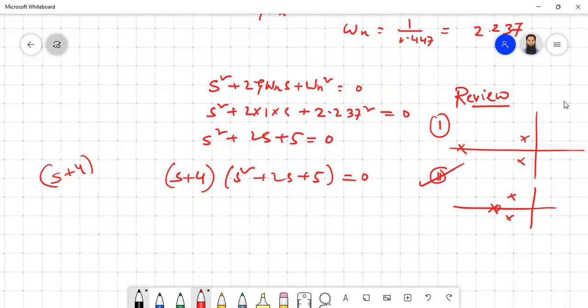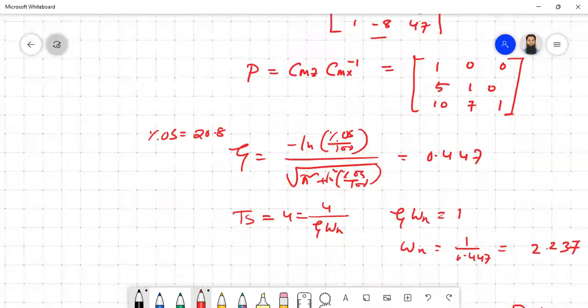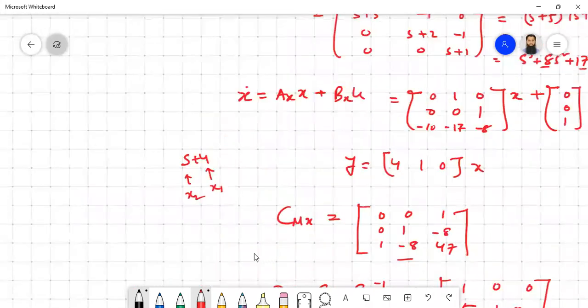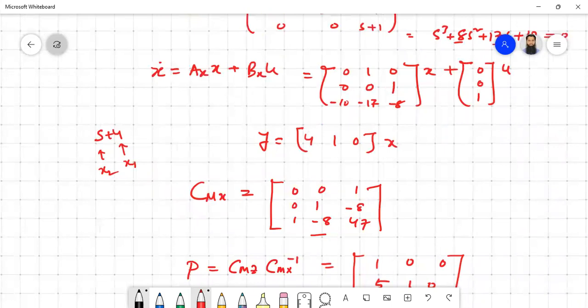So the desired characteristic equation, after multiplication, is s cube plus 6s square plus 13s plus 20. And what should be our design matrix? This is our matrix in the phase variable form. With all this, only in the last row do we have to add the gains K1, K2, K3.